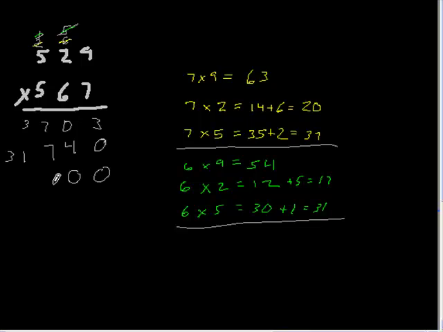So, starting with 9 times 5 equals 45. Put my 5 down below. Carry my 4.